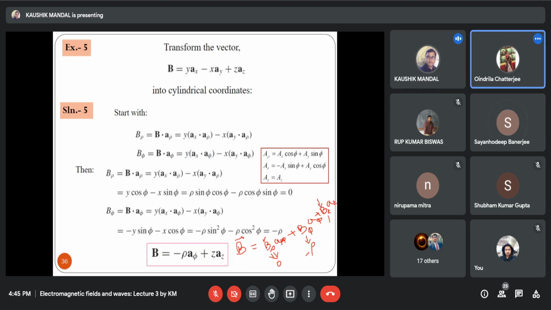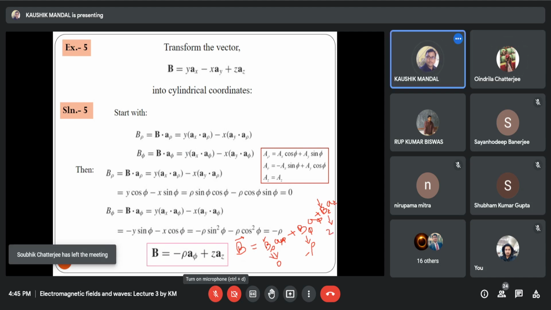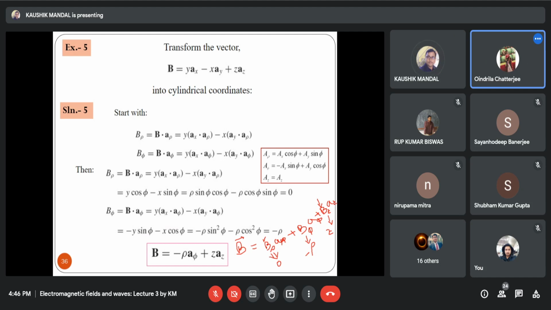Bz will be equal to z, because it's the same in both coordinate systems. So the first term is 0, the second term becomes minus rho a phi, and the third term is z into az. So in that way, easily using the transformation equations, you can convert the Cartesian representation into cylindrical coordinates, or cylindrical into Cartesian coordinates.